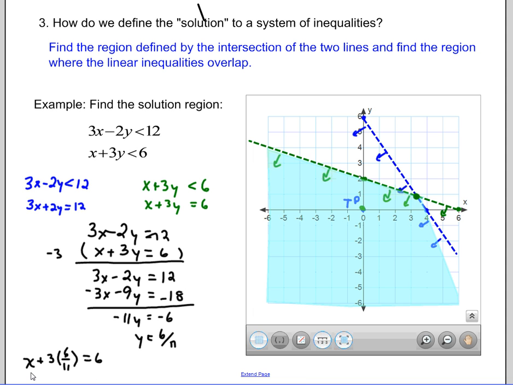That's like saying x plus 18 over 11 is equal to 6 over 1, which would be 66 over 11.